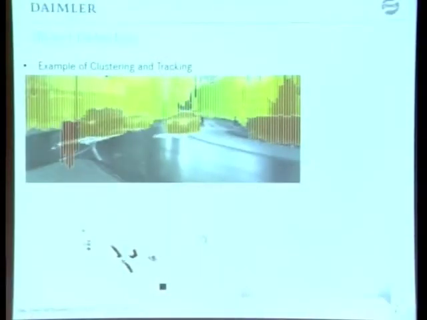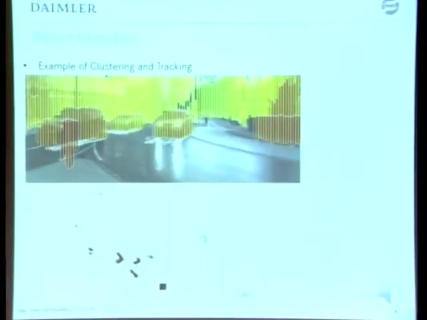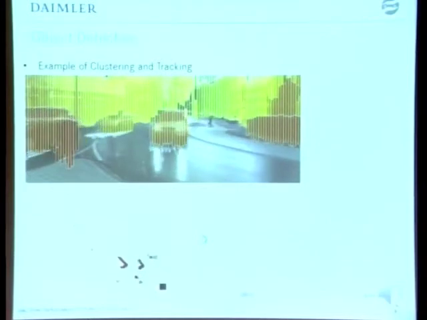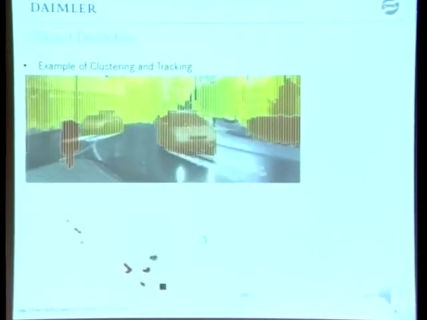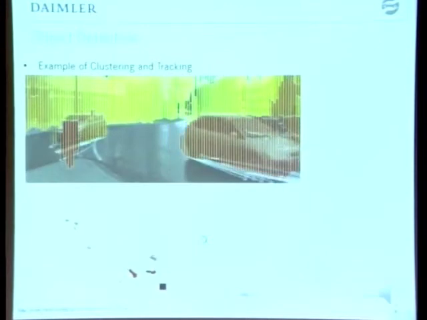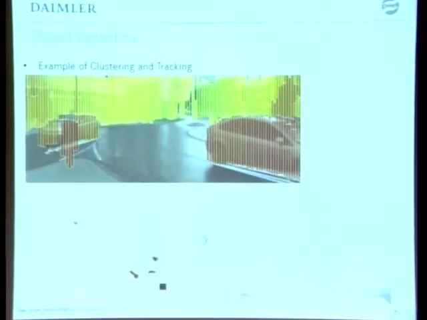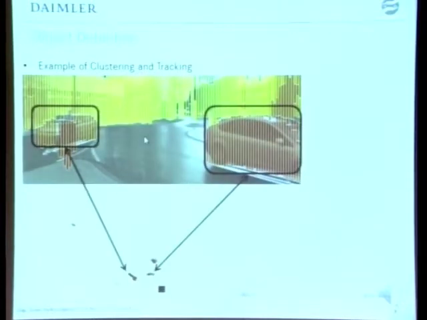Now you can see we have 3 objects in the scene, 3 clusters. Now only 2. Now you can see the car in front of us is described by this cluster, and the car on the left side is described by this cluster.